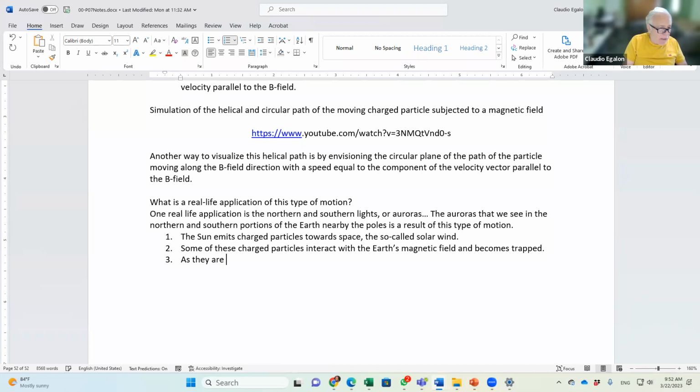As they are trapped, they move in a helicoidal path, bouncing back and forth nearby the geographic poles of the Earth.